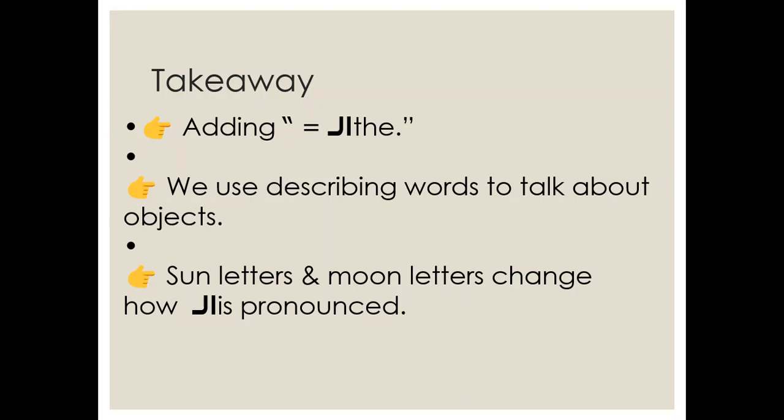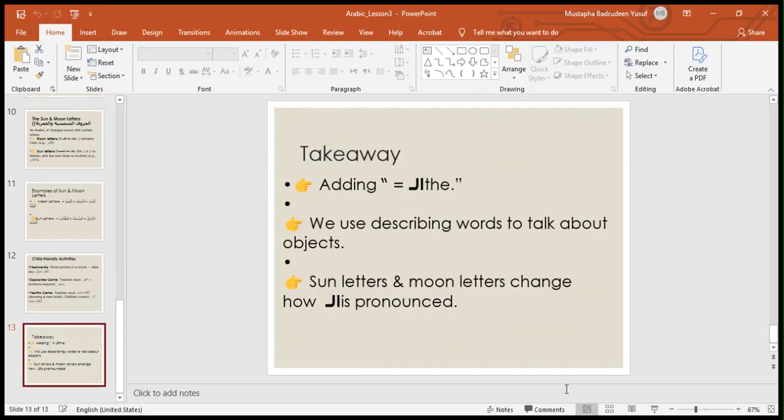When the alif and lam is clearly pronounced, then the letter after the lam belongs to huruf qamariyya. But when the letter after the lam has shadda and the lam is not pronounced, then it is huruf shamsiyya. That's all for the huruf shamsiyya and huruf qamariyya.